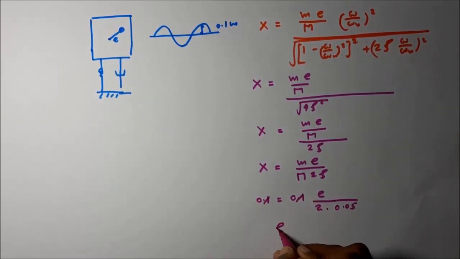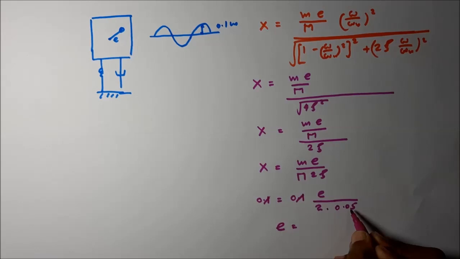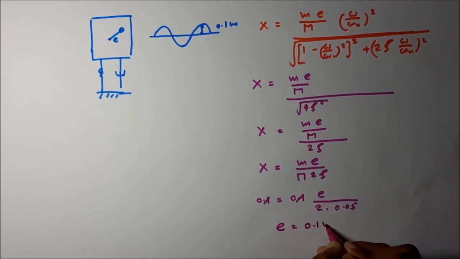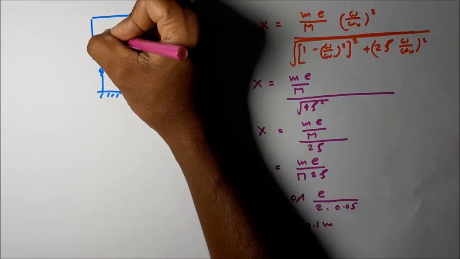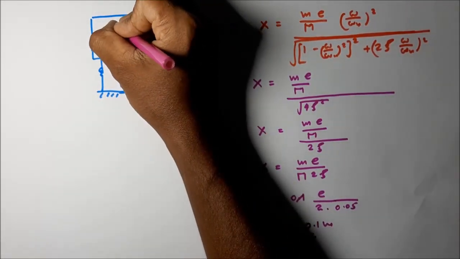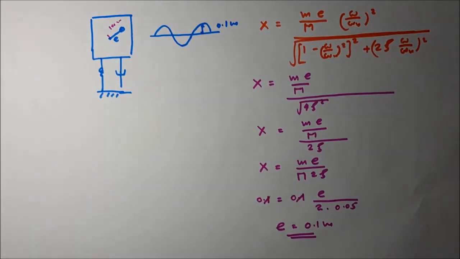For the eccentric distance e, we have 0.1 meters, that is, the eccentric distance of this mass m is 10 centimeters, 0.1 meters.